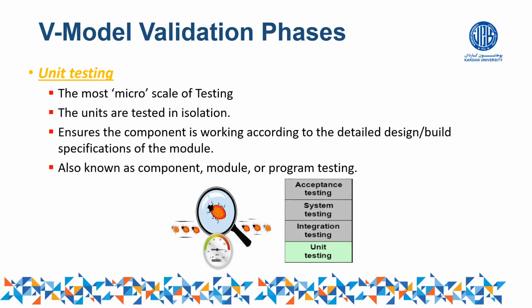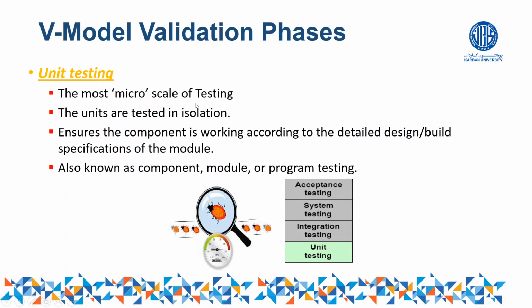Each class will be tested, the functionality of the class will be tested, input and output of the class would be tested. Or even a unit can be a subsystem as well. For example, we test the attendance system, or we test the login page. That login page is an example of one unit.